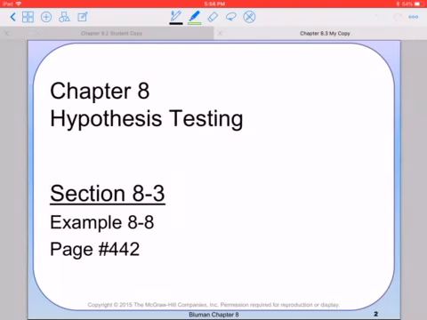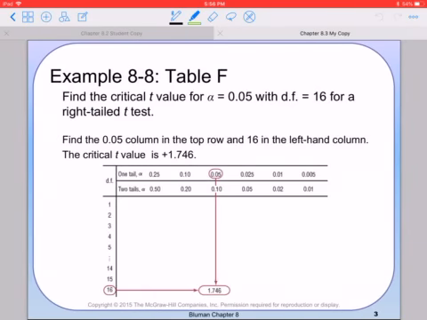Let's do some examples here. So just reading the table, if you had a right-tailed test and the alpha is 0.05, so right tail, our area is 0.05, and our degrees of freedom was 16. We'd use our table, make sure to look at the one tail portion for the 0.05, and then go down to the degrees of freedom, go across, and we find our t-value.